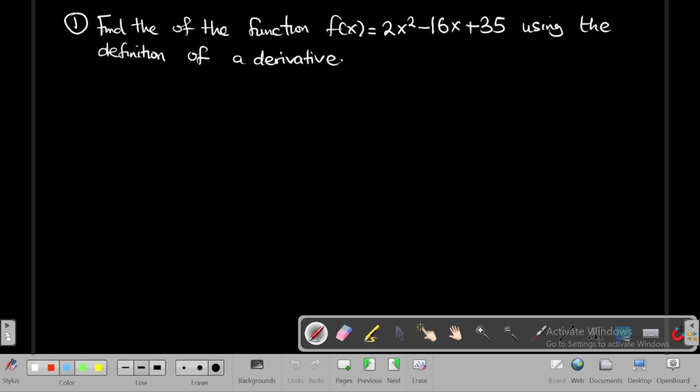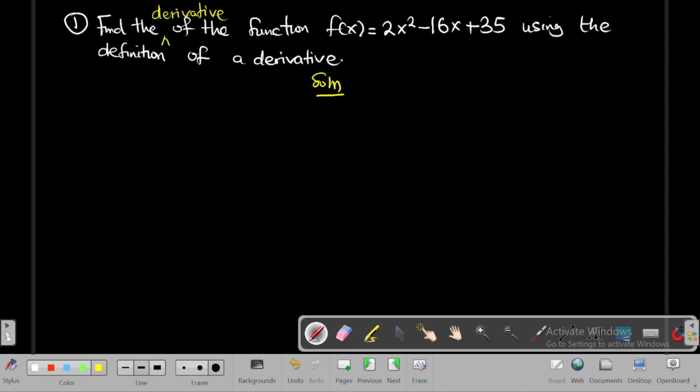So now our first question is saying that we should find the derivative of a function f of x is equal to 2x squared minus 16x plus 35 using the definition of a derivative, right?